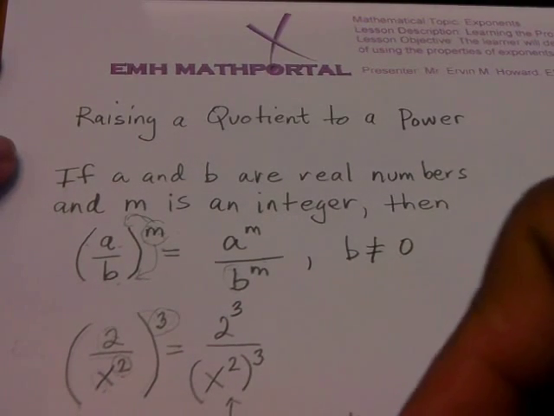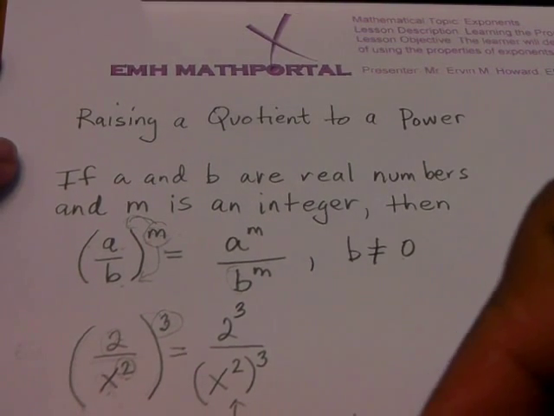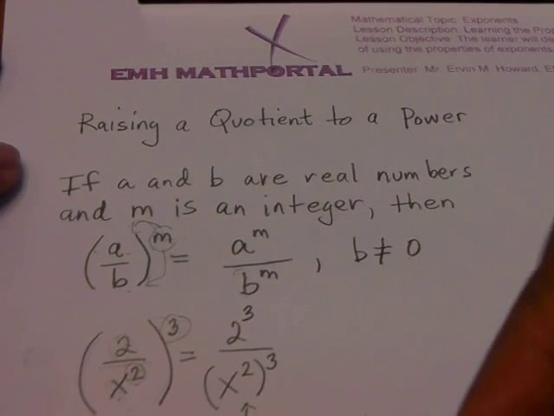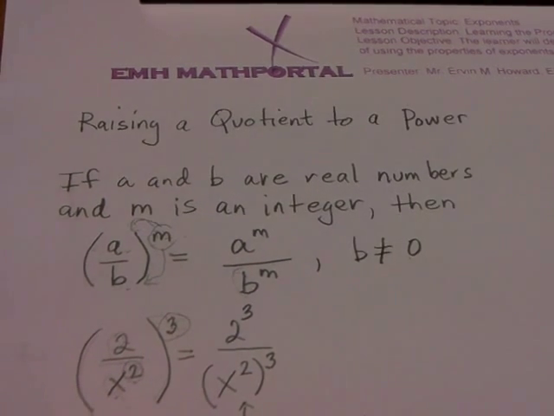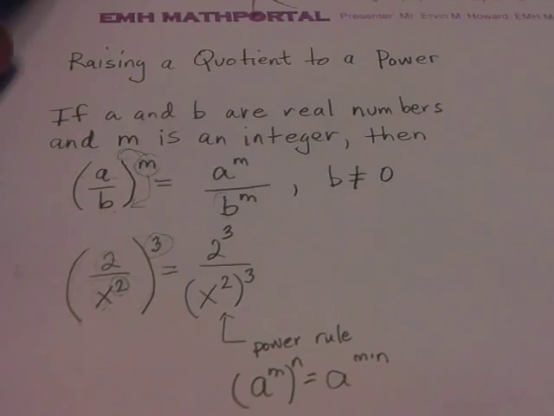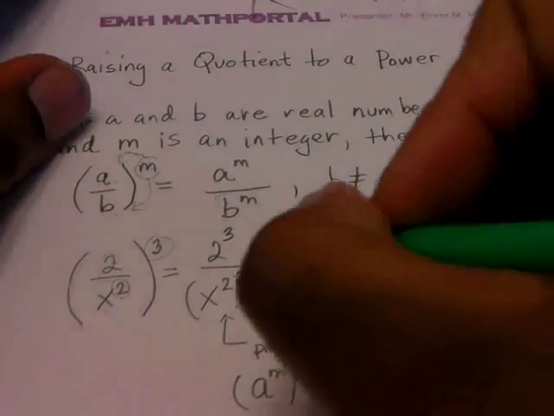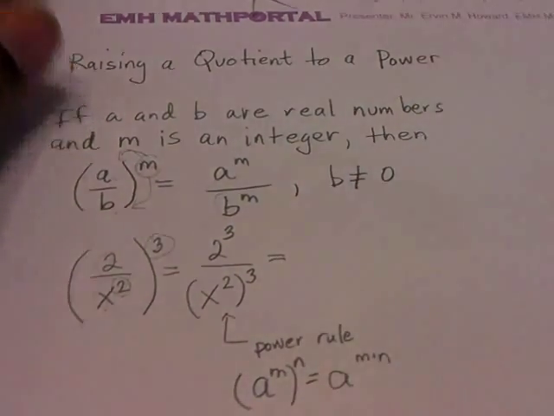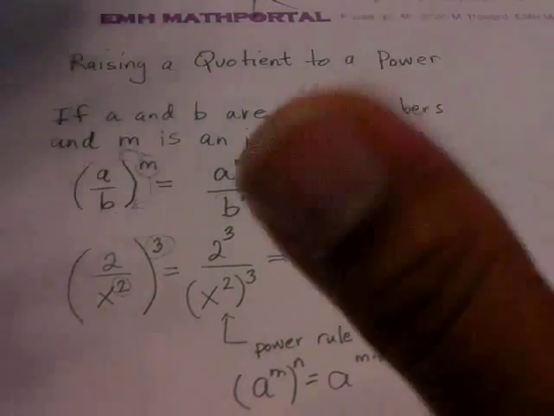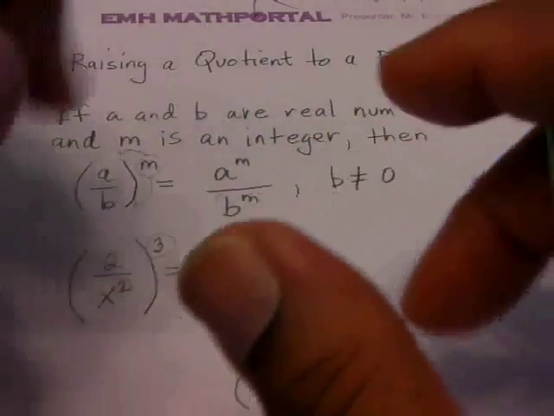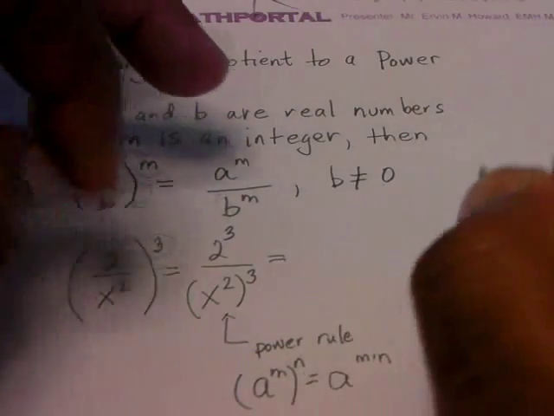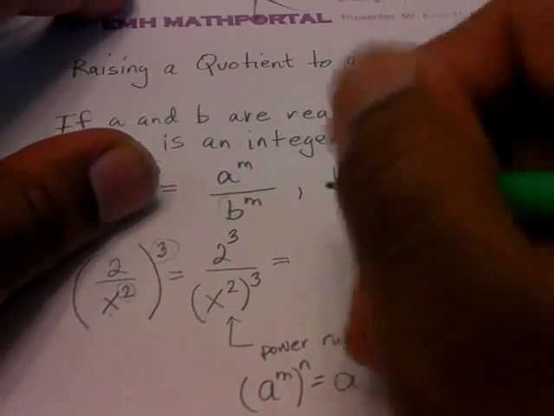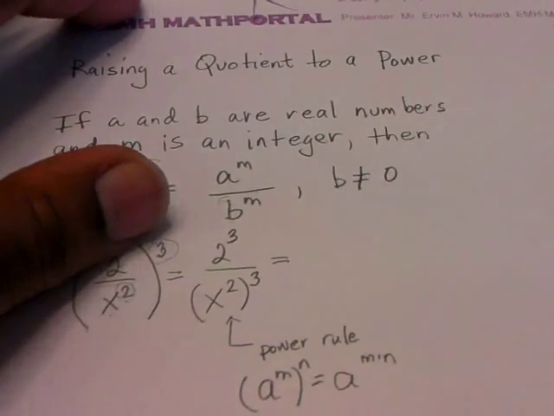So this is simulating A raised to the power M, to the power of N, which is the product of both the exponents. You remember that from our last series. Just remember to apply the different properties when you notice that more than one property is being used in each of these problems.